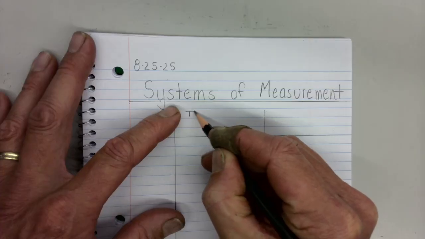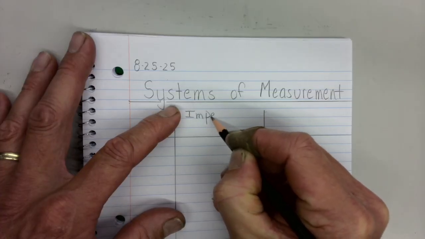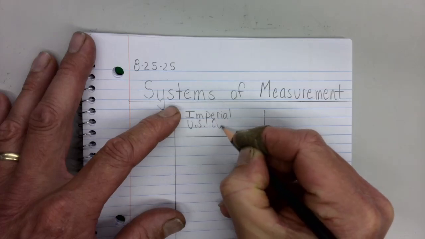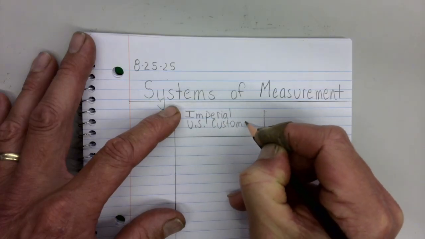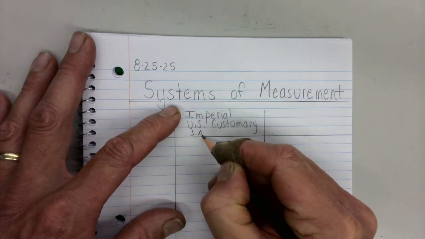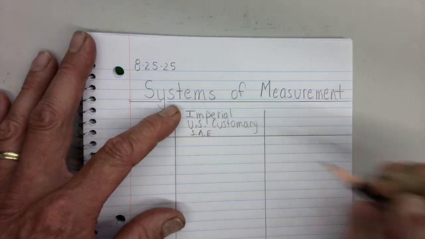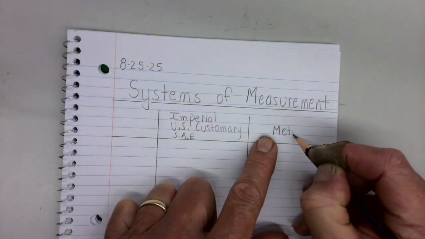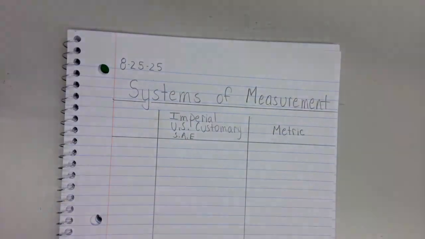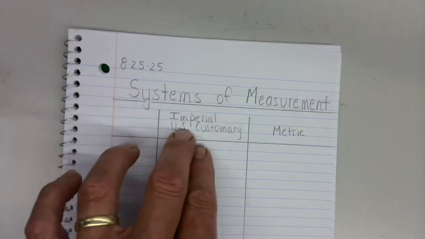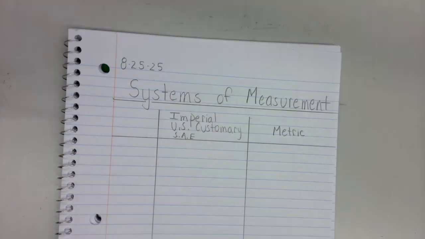We can call it the imperial system, the U.S. customary, or you can call it the SAE system. On the other side of that, we have the metric system, which is most commonly used throughout the world, but here in the United States, we're holding on to these systems, which is all the same. This is just 3 different ways of saying the same system.